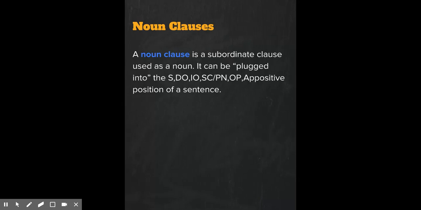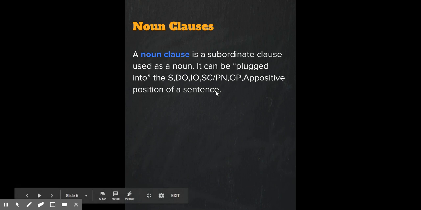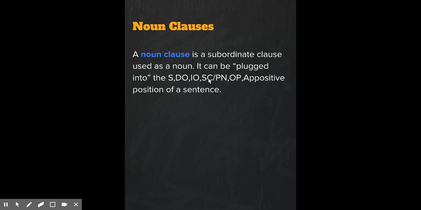It can be plugged into the subject, the direct object, the indirect object, the subject complement, which we call predicate nominative, the object of the preposition, and the appositive, any of those positions of a sentence. So it's really that simple. A noun clause is just a dependent clause that's used to replace the noun, or to be used as if it was a single noun, a single unit.